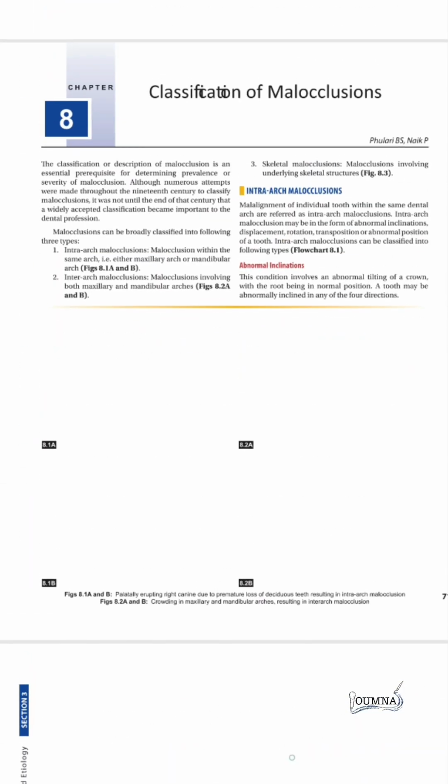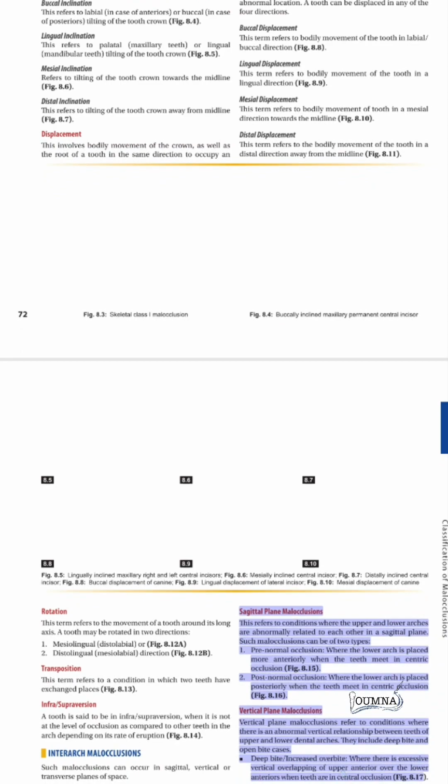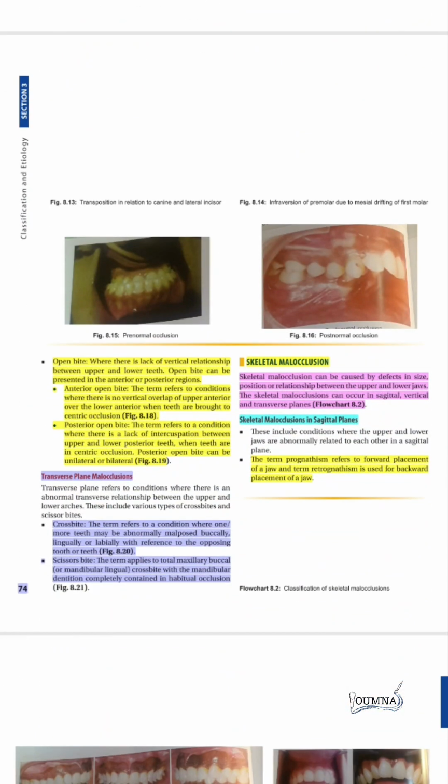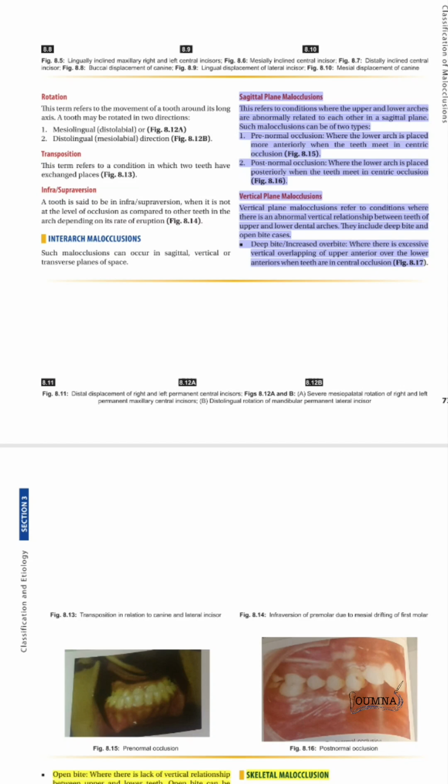We will now start with the classification of malocclusion. It usually happens in 3 planes: the sagittal, the vertical, and the transverse. And in each plane, you can see some specific malocclusions that can be determined.